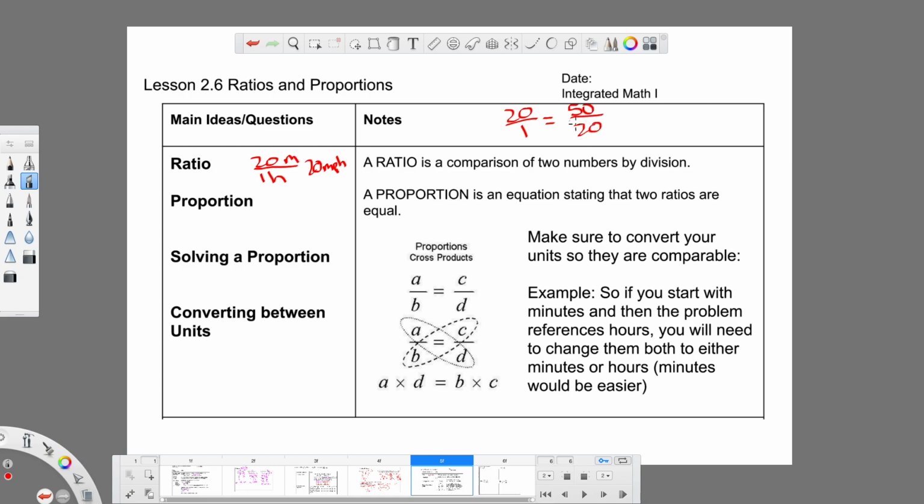Well, now I have hours and I have minutes. That's not really comparable. I need to make sure that it's both the same units. So if I have miles and hours, the second ratio also needs to be miles and hours. So that's all that's saying, is make sure that they're comparable. And then we can solve the proportions using cross products or cross multiplication.